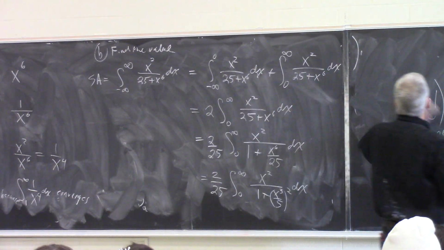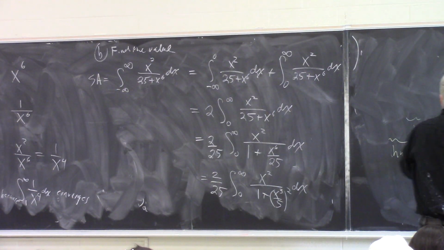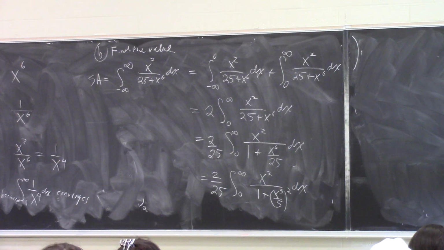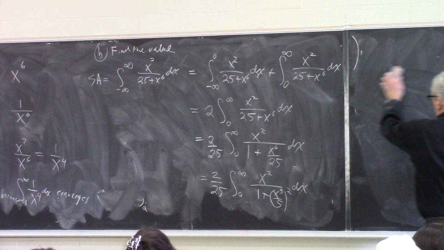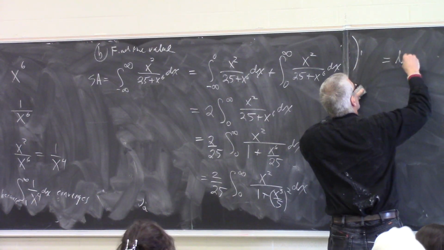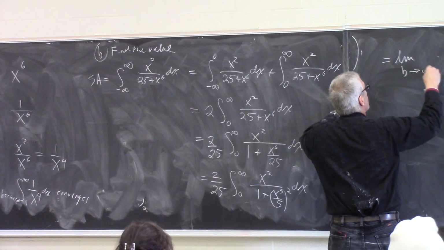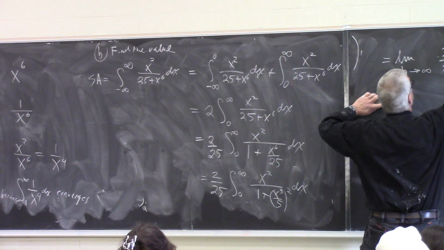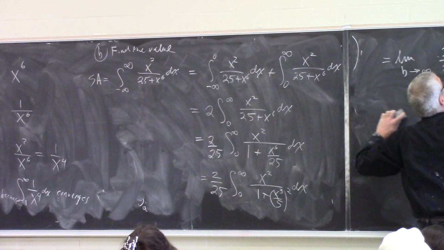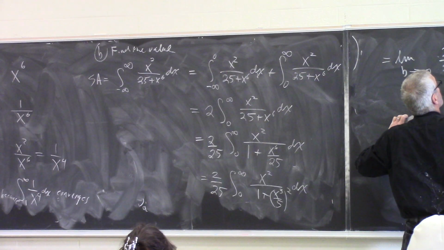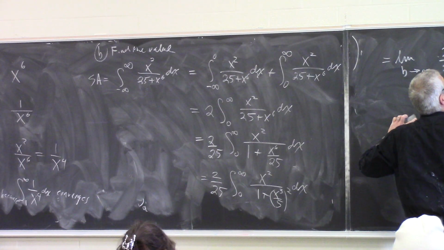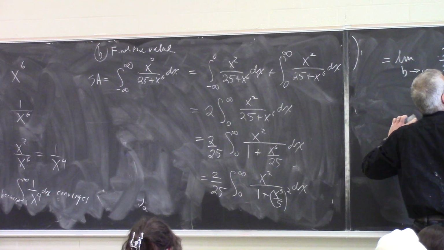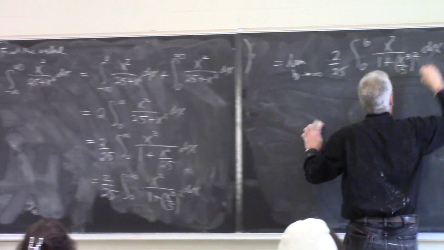Oh, sorry, we've got to do a limit as b goes to infinity. Limit as b goes to infinity of 2 over 25, the integral from 0 to b of x squared over 1 plus x cubed over 5, that whole thing squared dx.